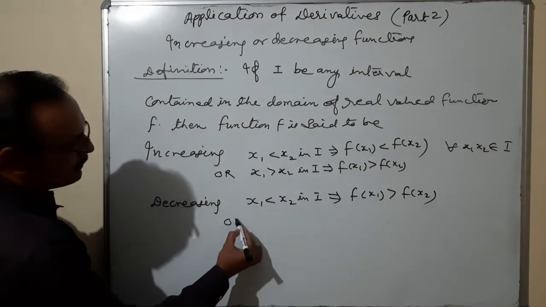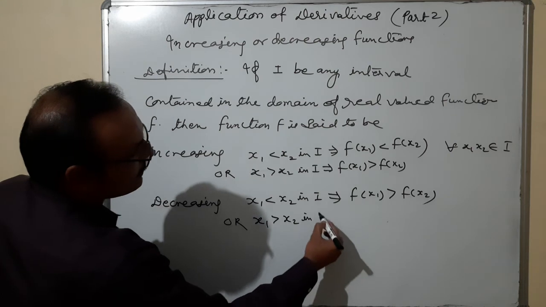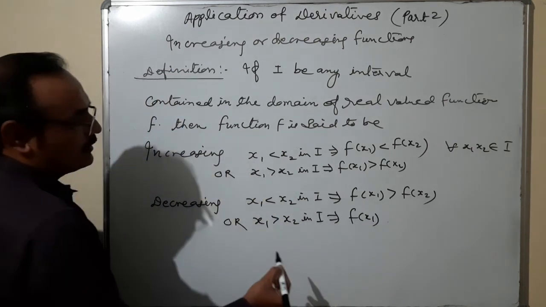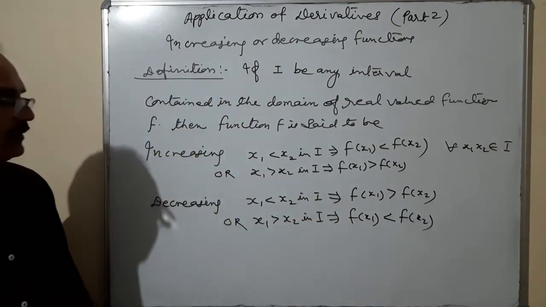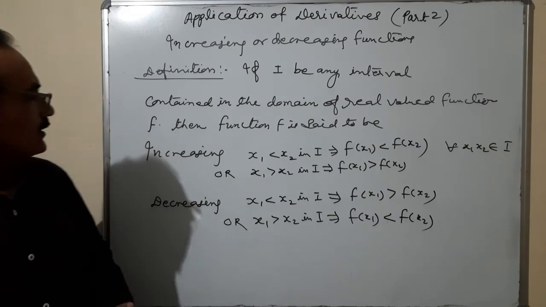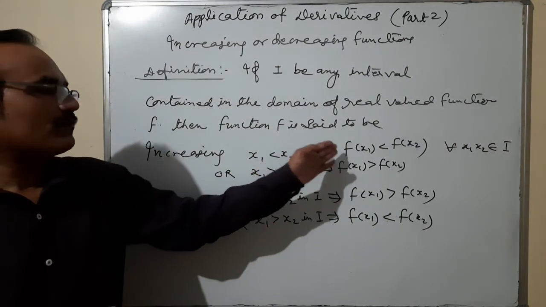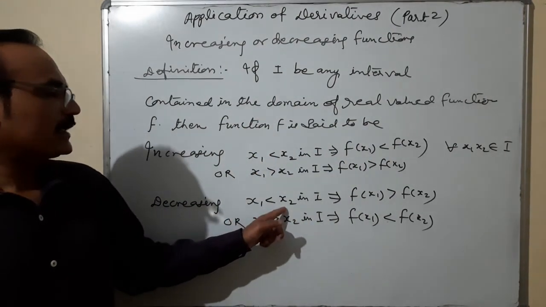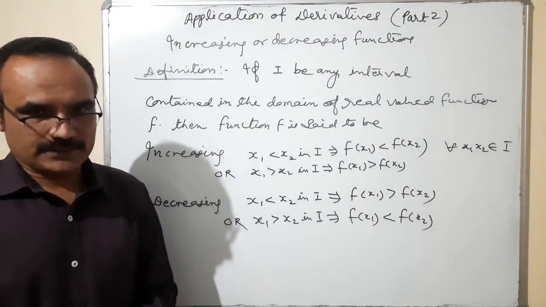Or x1 is greater than x2 in I, that means f of x1 is less than f of x2. Okay, both the cases. So this is the condition of increasing function. If x1 is less than x2, then f of x1 is less than f of x2. x1 is less than x2 and f of x1 is greater than f of x2, it is decreasing.